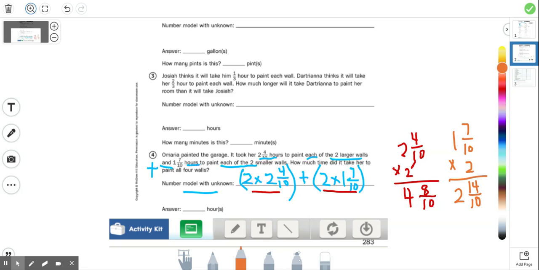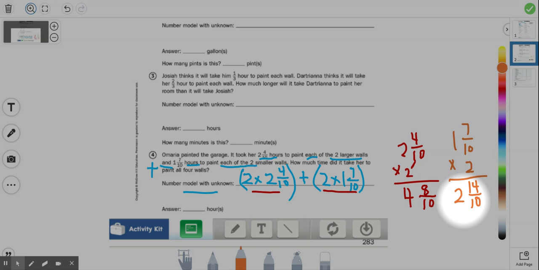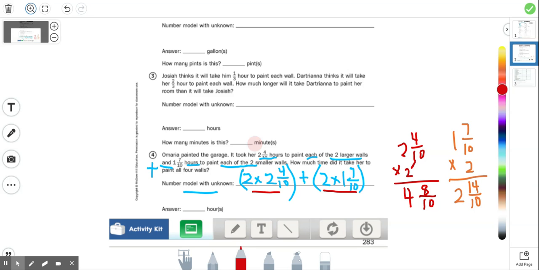Don't like that 14/10, do you? So 10/10 would be 1, and then there's going to be 4/10 left over.